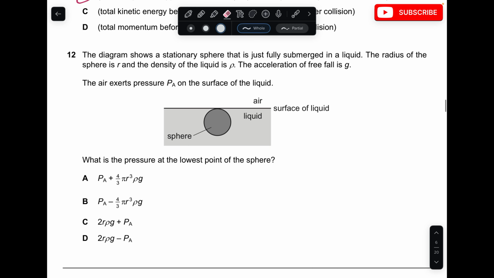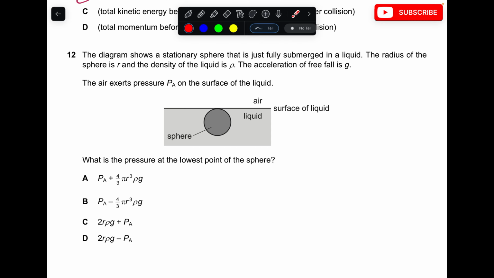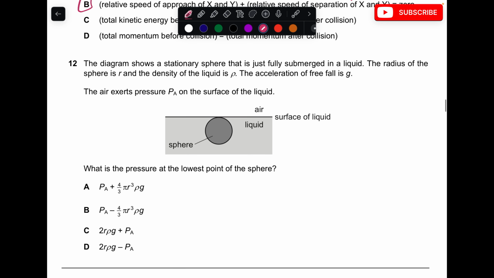In question 12, the diagram shows a stationary sphere that is just fully submerged in a liquid. The radius of the sphere is r, the density of the liquid is rho, and the acceleration due to gravity is g. The air exerts a pressure PA. What is the pressure at the lowest point on the sphere? Let's suppose the pressure at this point is PA, and when you move downward, the pressure of the liquid will be added.